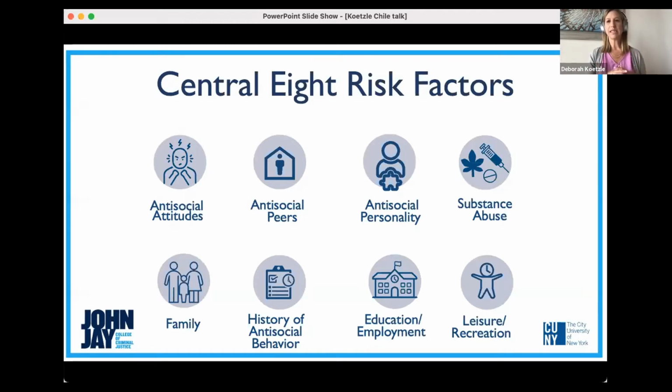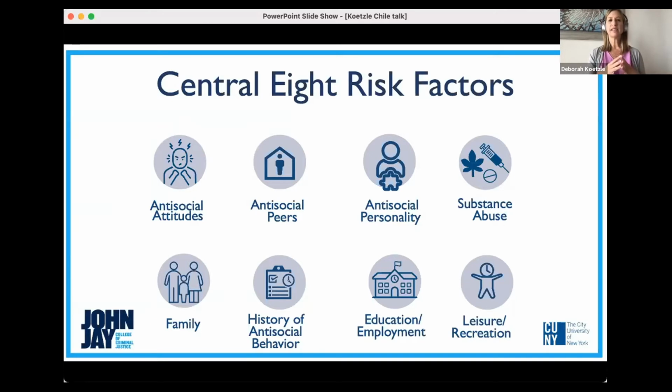And what these instruments tend to have in common is that they are largely based on these central 8 risk factors, which have been identified by Andrews and Bonta and many other researchers. And so just briefly, regardless of the exact tool that you're using, you should have a risk assessment tool that looks at these types of factors.